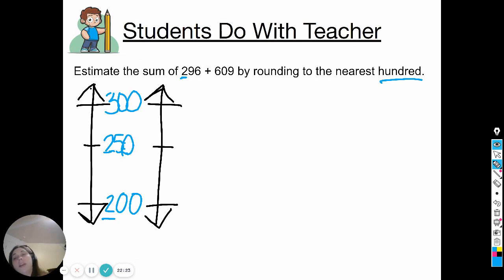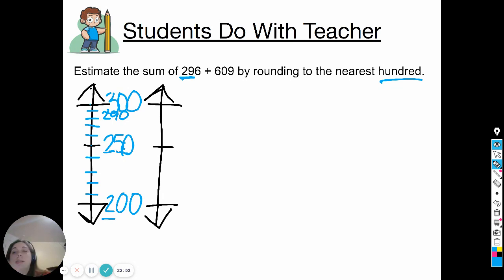Okay, now we need to figure out where 296 is. So let's look at the tens. We're going to need 29 tens, which is 290. Start at 200, 210, 220, 230, 240, 250, 260, 270, 280, 290, 300.